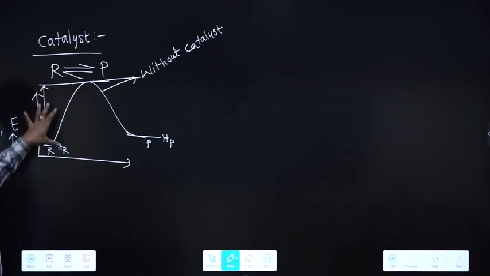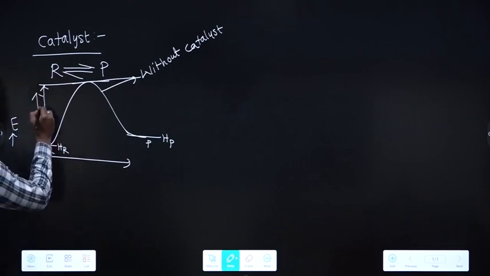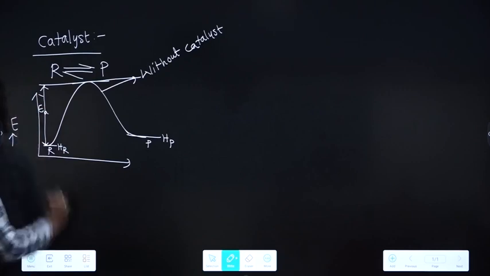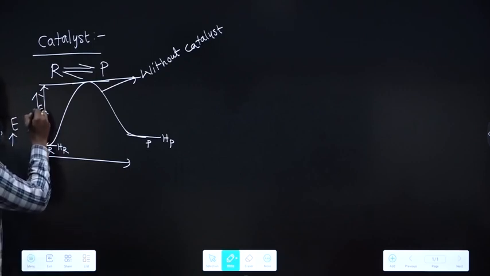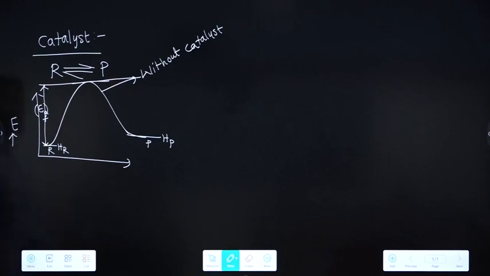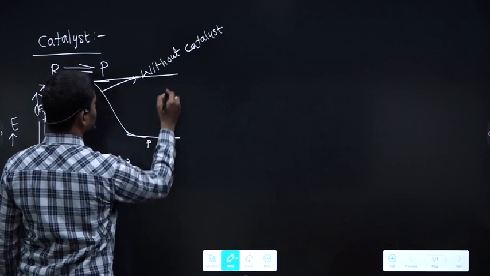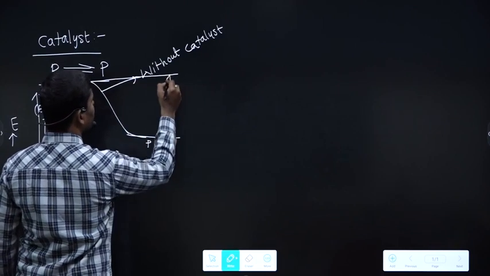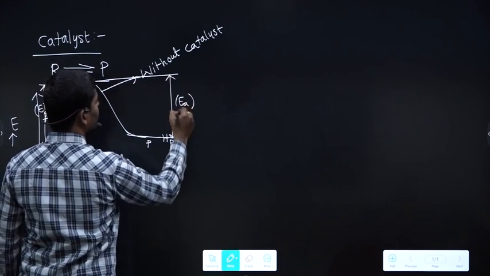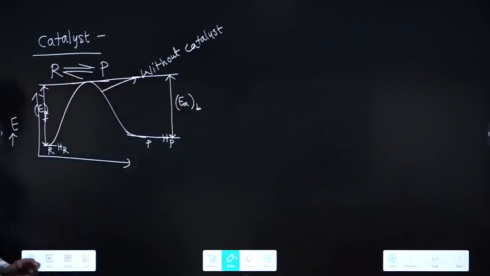We have to supply. That is called what? Activation energy. So this is the activation energy for forward reaction, EAF. And what is the activation energy for backward reaction? This is the activation energy for backward reaction. Okay, this is without catalyst.